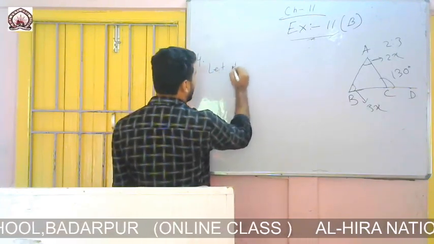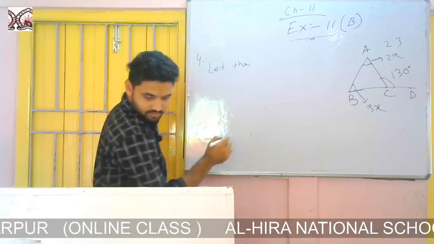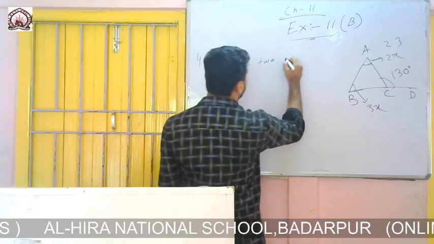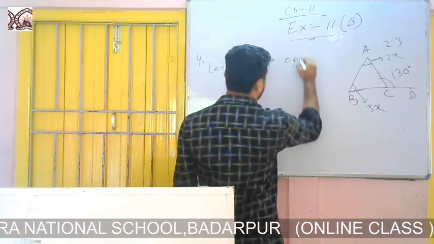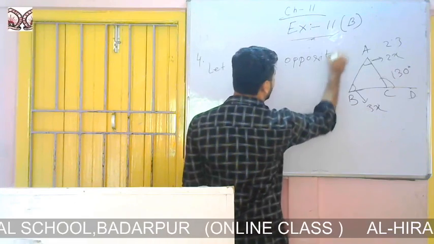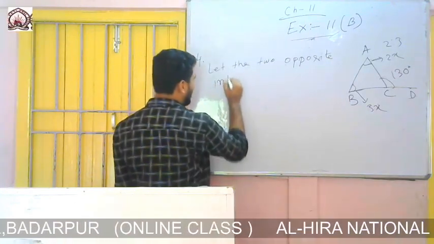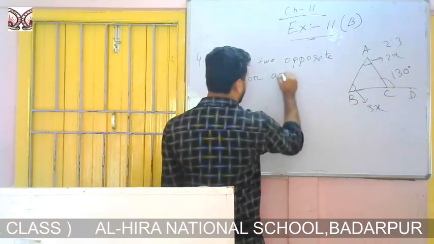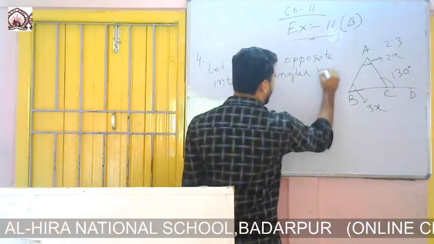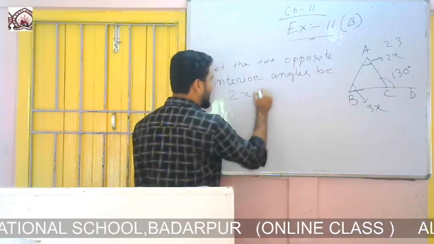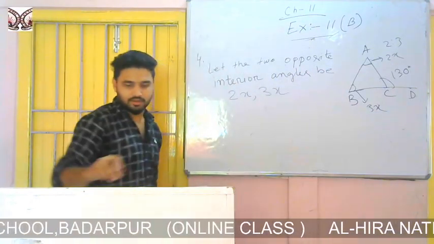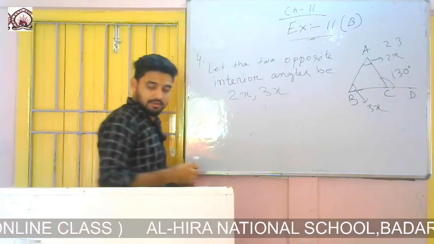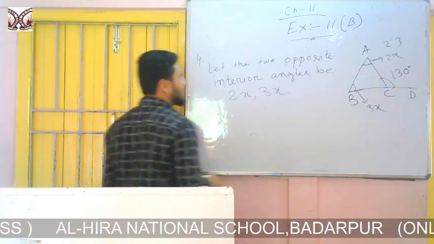Let the two opposite interior angles be twice x, thrice x.